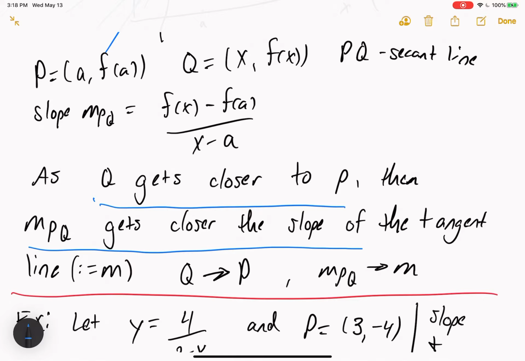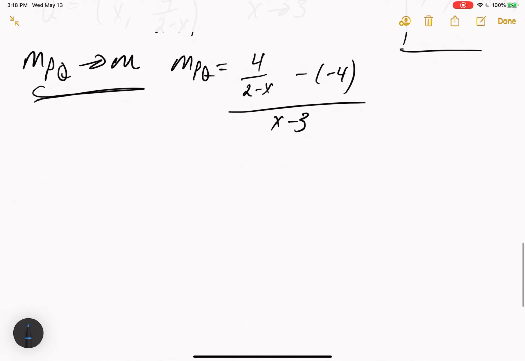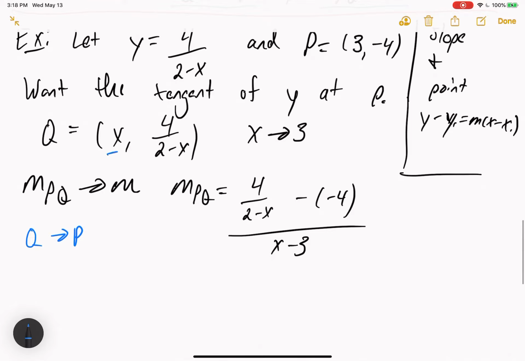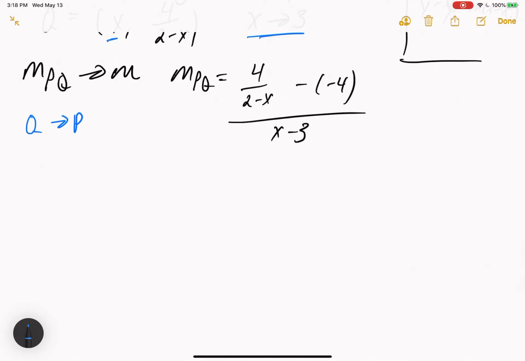Or say, as q goes to p, mpq goes to m. So in order to find these values, we note that this is the same thing as saying we need to let x go to 3, as I said right here. So the values that we can use to give us an idea of what's going on are values that are really close to 3.